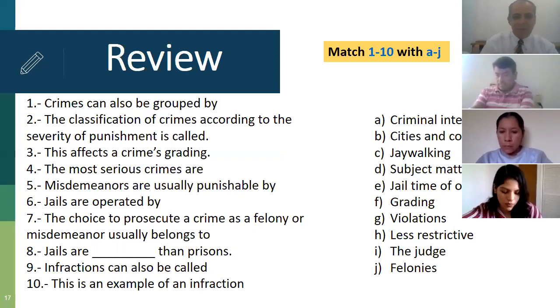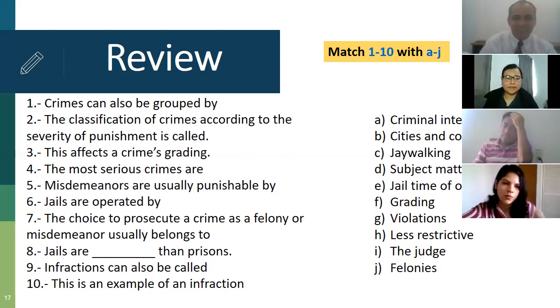Let me know if you are ready with the first one. Mister, I have the first one. Okay, Anna. The first one, crimes can also be grouped by subject matter, letter D.